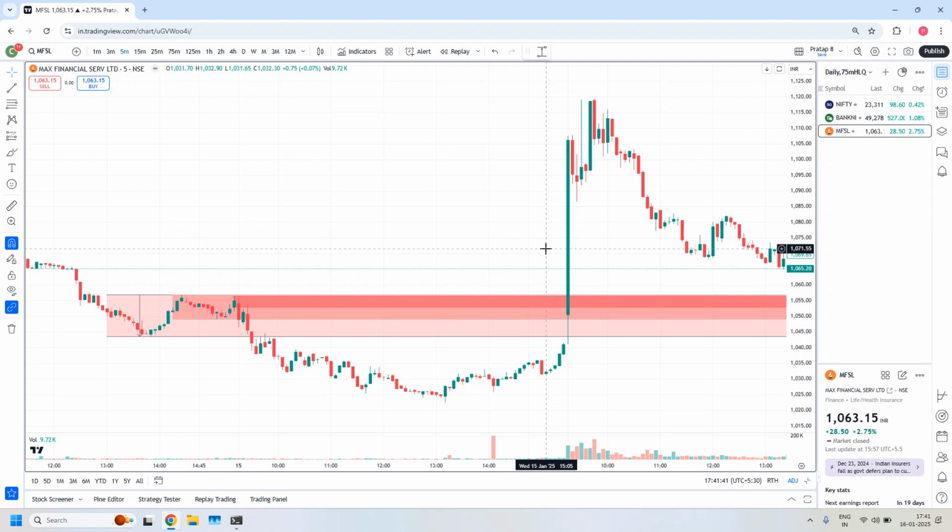So that is the advantage of supply demand zone concepts, because risk management is integrated with this concept. If you look into indicators, risk management is not integrated with one indicator. You have to use different indicators: one indicator for taking the trade entry, another for identifying the target, another for identifying the stop loss.